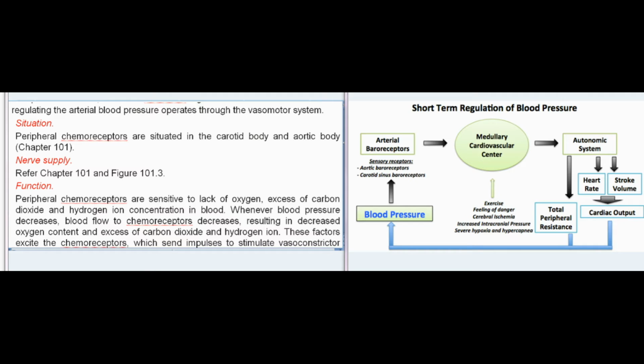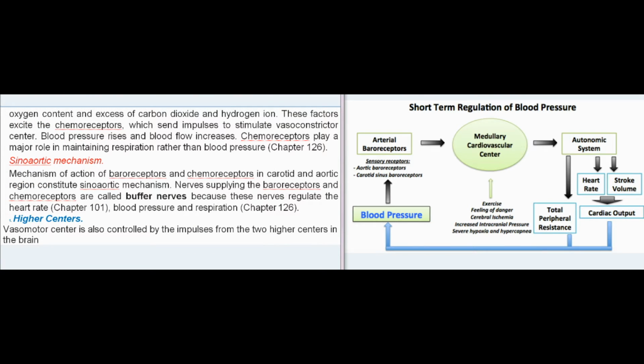Situation. Peripheral chemoreceptors are situated in the carotid body and aortic body, Chapter 101. Nerve supply. Refer Chapter 101 and Figure 101.3. Function. Peripheral chemoreceptors are sensitive to lack of oxygen, excess of carbon dioxide and hydrogen ion concentration in blood.